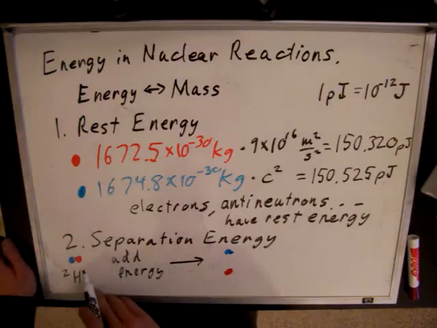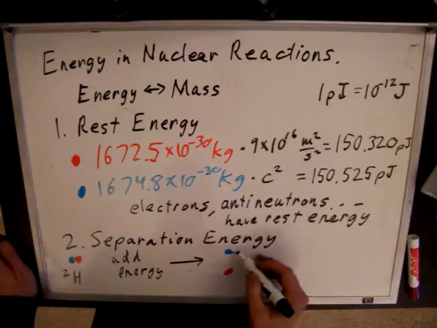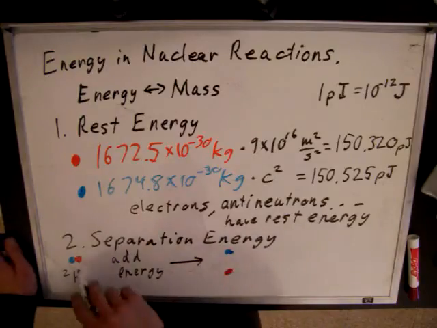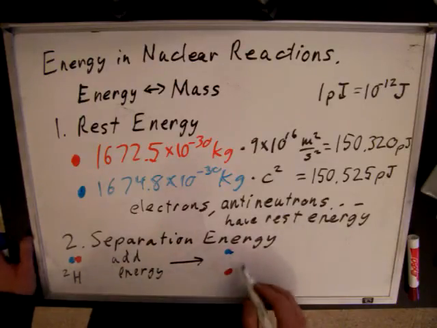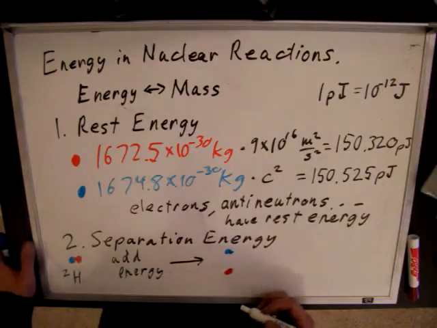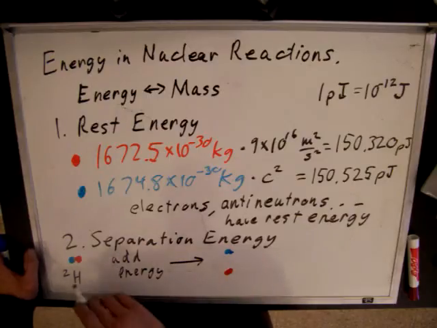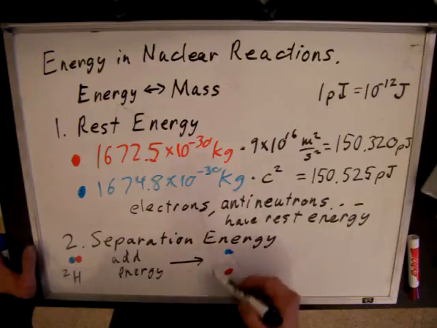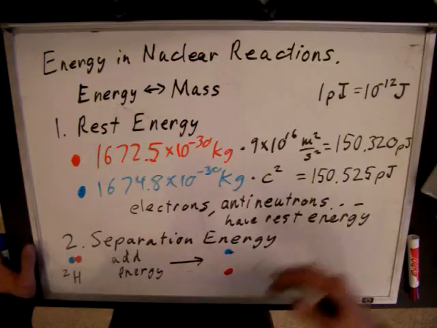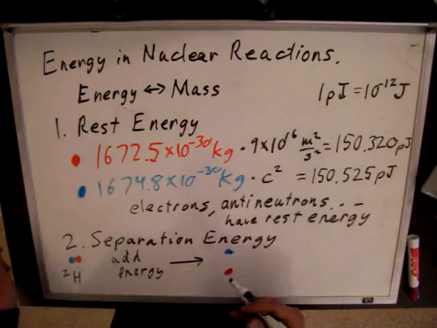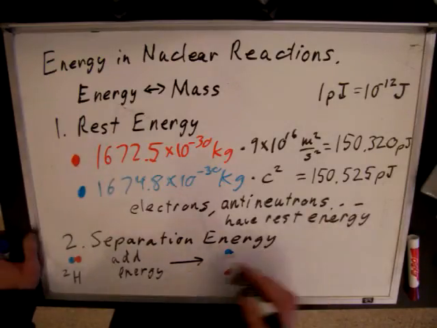But the funny thing is that if I had to add energy to the hydrogen 2 to get a free neutron and a free proton, that means that the hydrogen 2 must have less energy than the free neutron and the free proton. That's a little strange, isn't it? But it's true. The hydrogen 2 has less energy than the neutron and the proton. The difference in energy between the hydrogen 2 total energy and the total energy of the free neutron and free proton just floating along separately is called the separation energy.